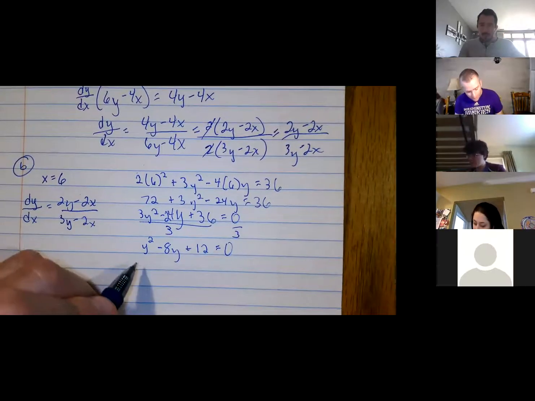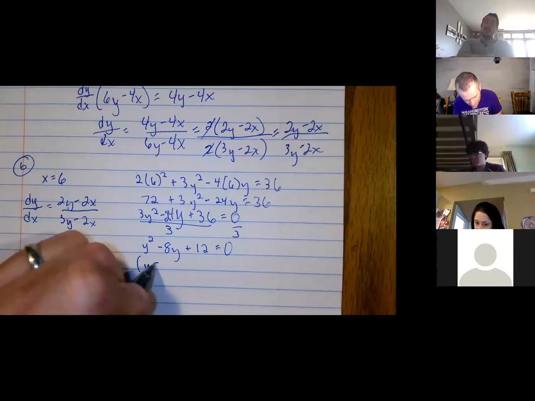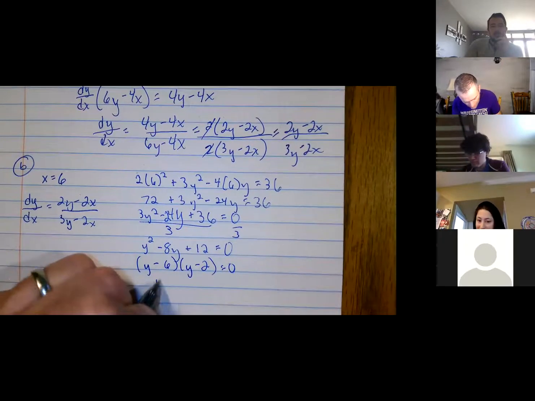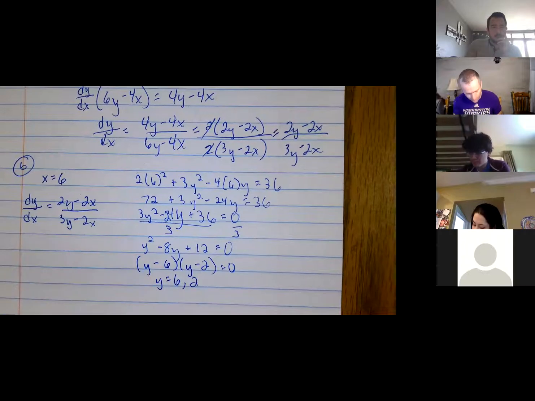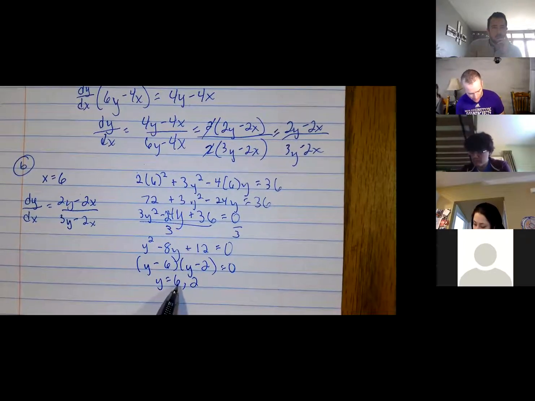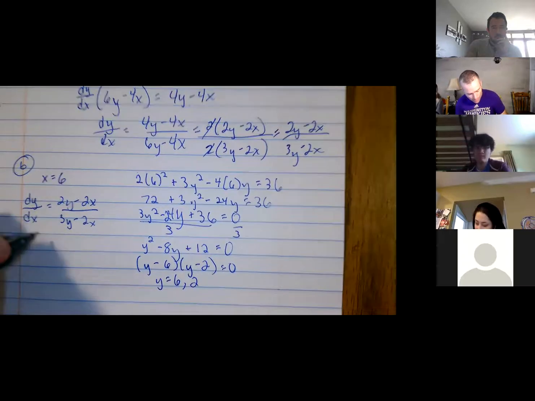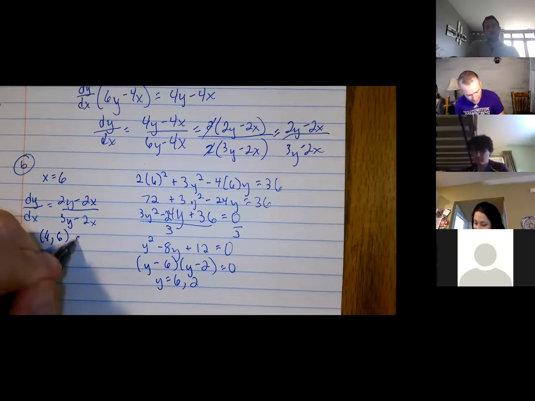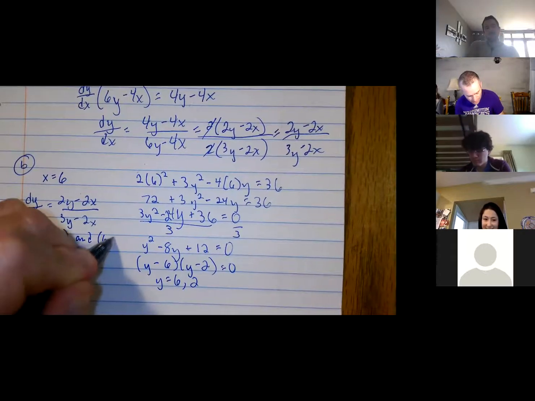But if you continue here, you can factor into y minus 6 and y minus 2, which means that y equals 6 or 2. Now, if y is 6 or 2, then there are 2 points, right? There's a point at (6, 6) and another point at (6, 2).